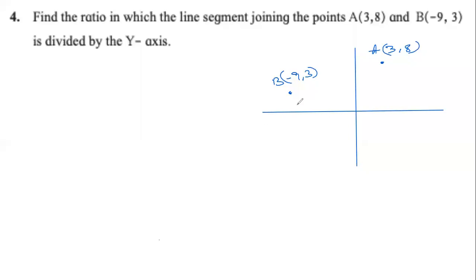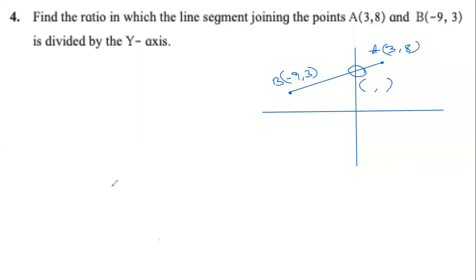The question is, there is a line segment joining these 2 points. The y-axis is dividing this line segment. Yes, see, this point is dividing the line segment. We don't know what the coordinates of the point are. Really? Don't we know? Do we know at least one coordinate?